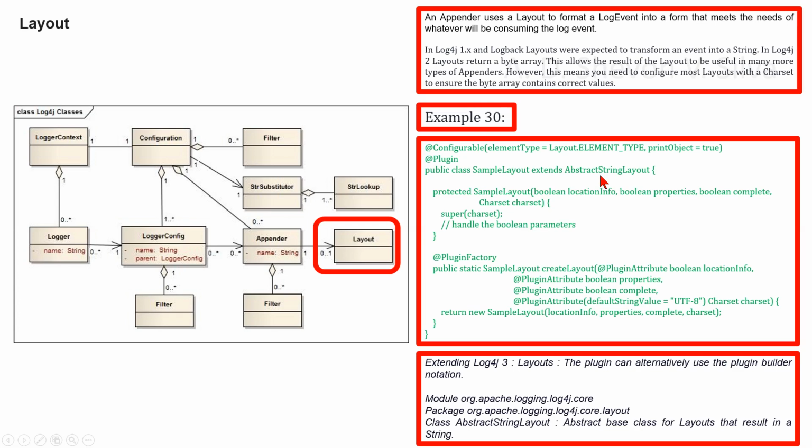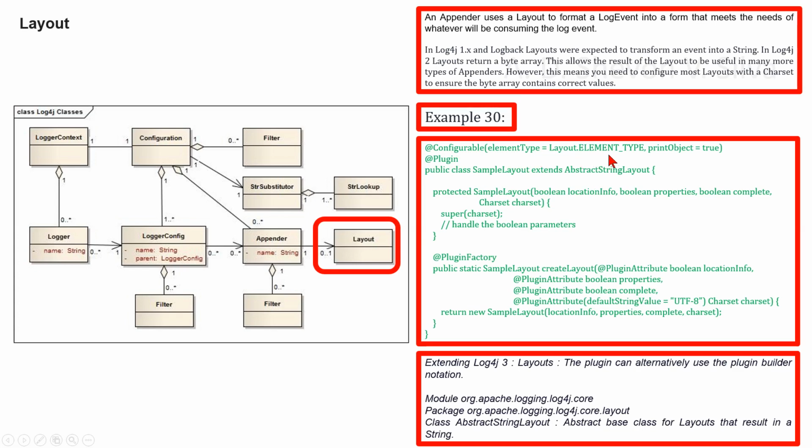All layouts must implement the Layout interface. Layouts that format the event as a string should extend AbstractStringLayout, which will take care of converting the string to the required byte array. Each layout must declare itself as a plugin using the @Plugin annotation and the Configurable annotation with the element type of layout.